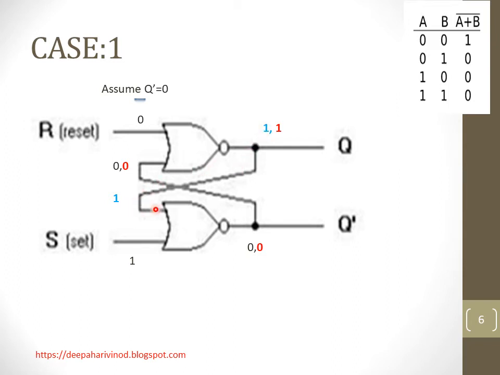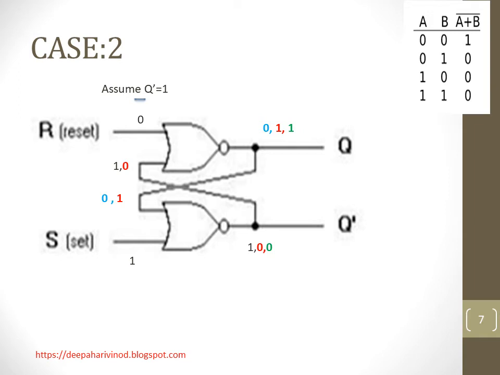That 1 will come here, and 1 we will get 0, and that 0 will go there, and 0 and 0, again it will be 1. That way, this is the original output, this 1, and this is the 0. So if S is 1, the Q output will be set to 1.